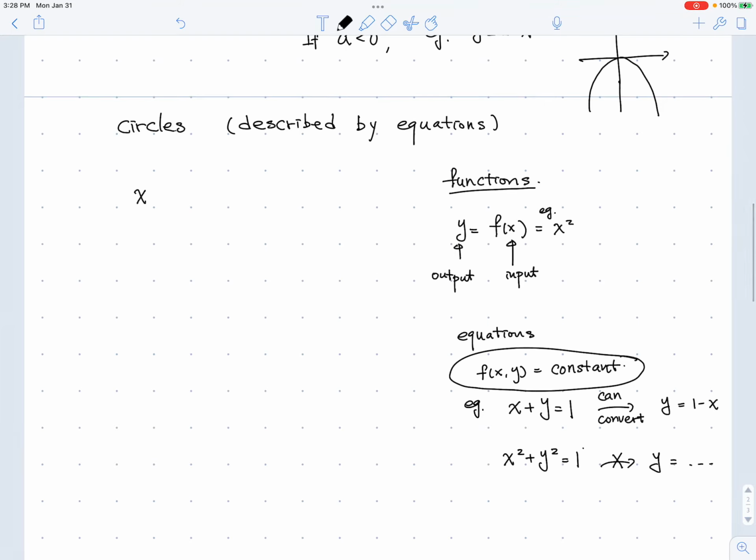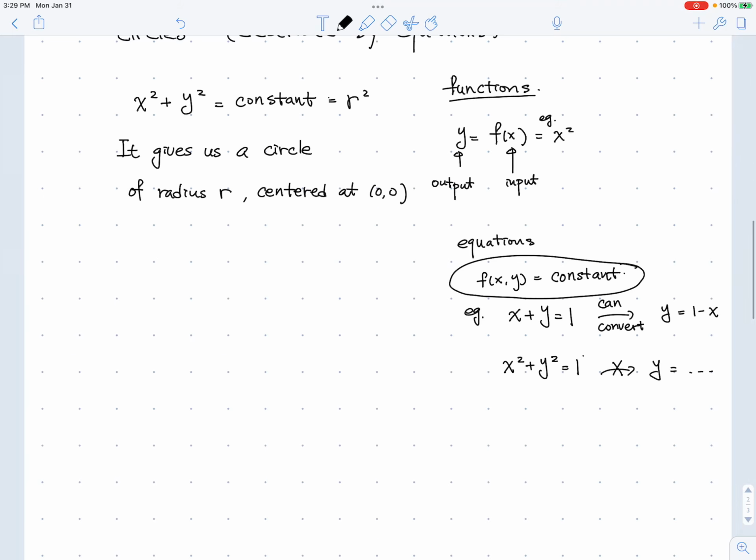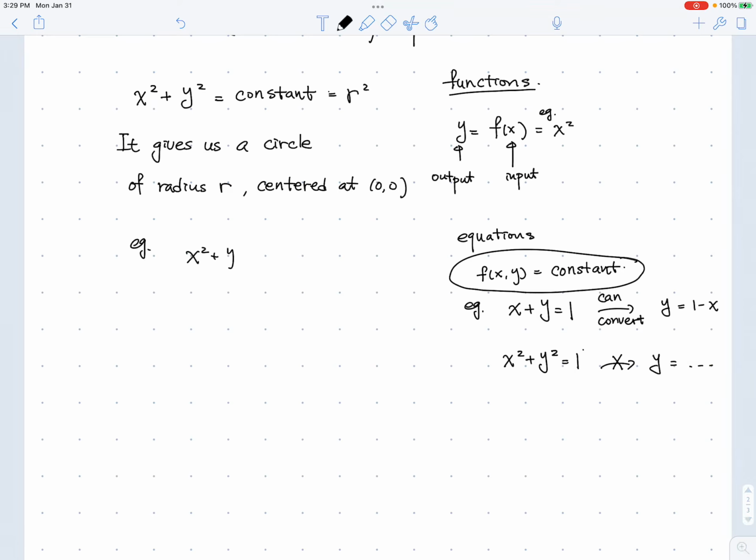But anyhow, when we have something like this, x squared plus y squared equals a constant, and I'm going to write this constant as r squared, then this gives us a circle of radius r centered at the origin.